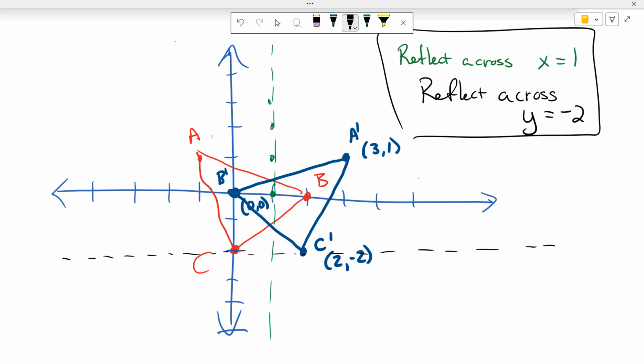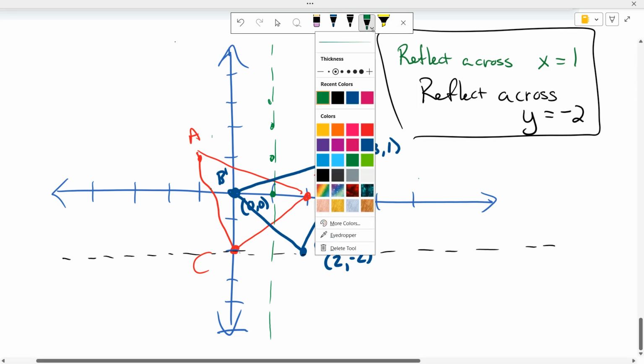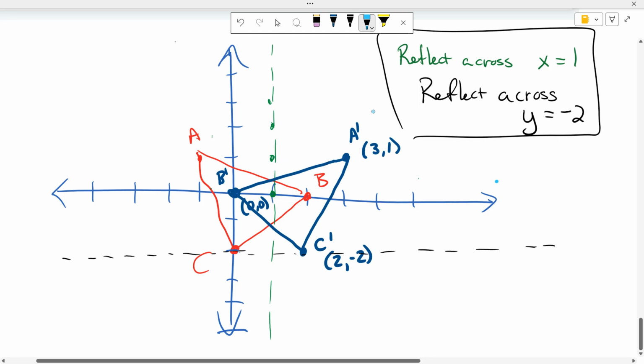So if we're going to reflect this across the line y equals 2, it's a horizontal line. So what does it become? So let's go to this color here. Where does C go? Same spot. Where does A go? It's 3 above right now, so 3 below.